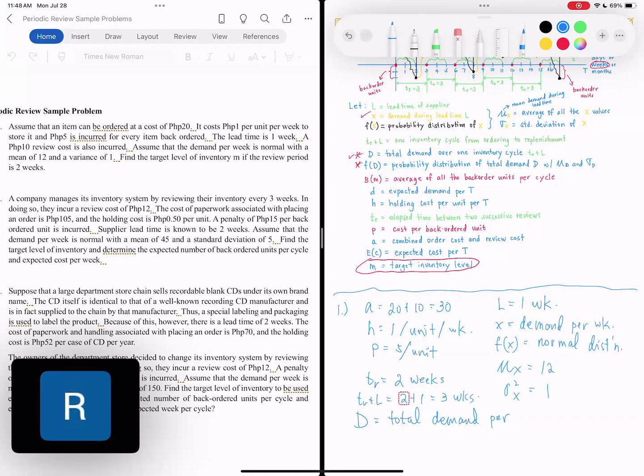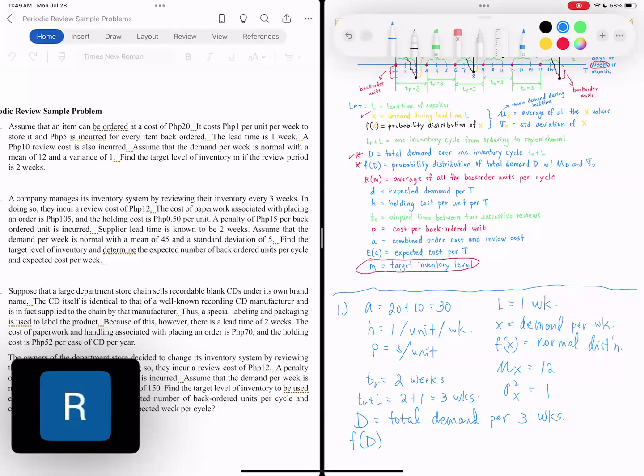So therefore, capital D will be the total demand per 3 weeks. Now, it's important after writing down all the given, because the problem will not give you capital D. You just have to figure it out from TR and L. And since capital D is a random variable, along with X, you will have a probability distribution for capital D as well, the total demand per 3 weeks.